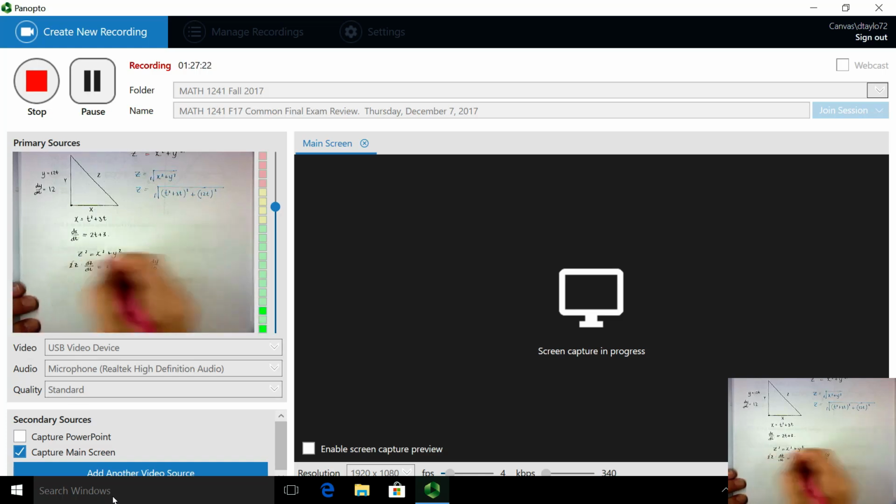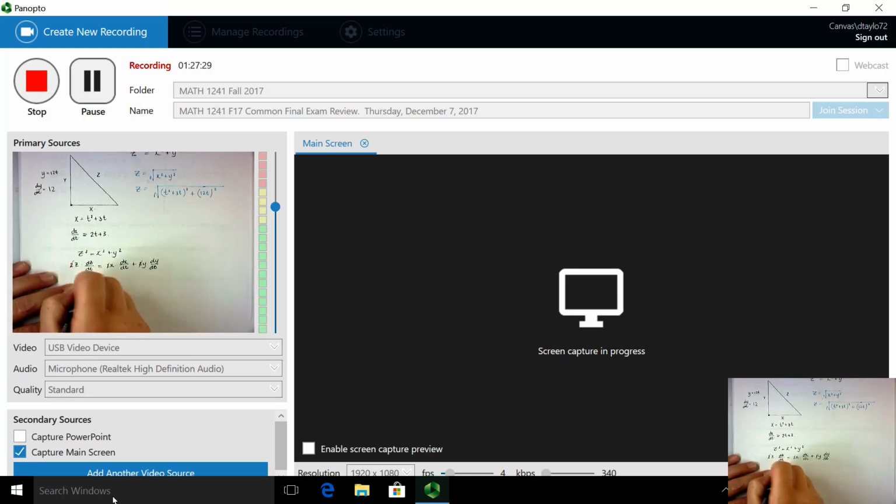If you divide both sides by 2, all the 2's are gone, right? So dz/dt then is equal to x times dx/dt plus y times dy/dt, divided by z.